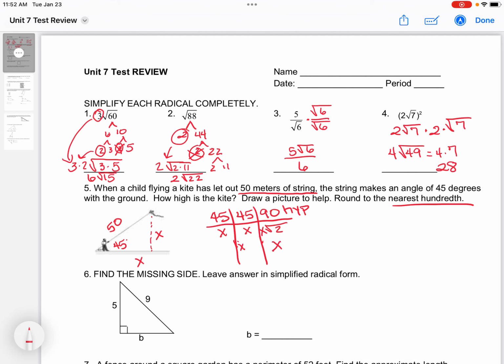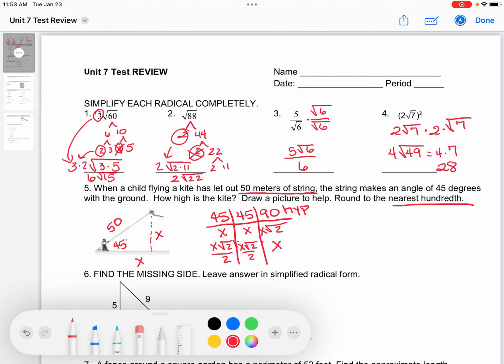If you have x here, then you end up with x square root of 2 over 2 and x square root of 2 over 2. Basically, I divided by the square root of 2 and then simplified it like I did number 3, so there was not a radical in the bottom.